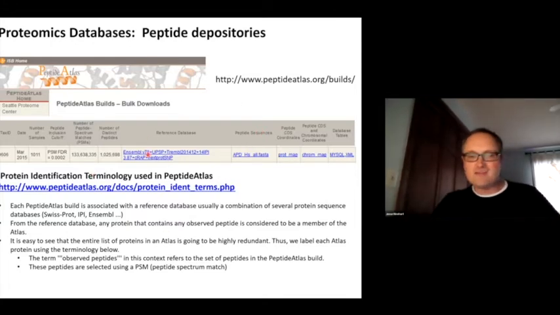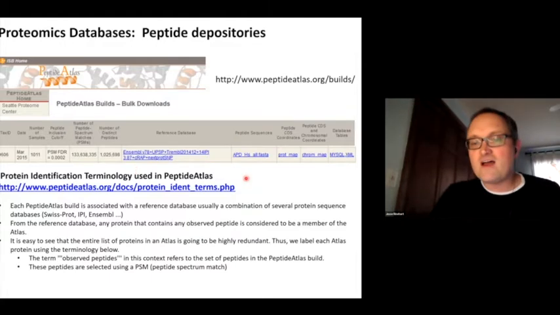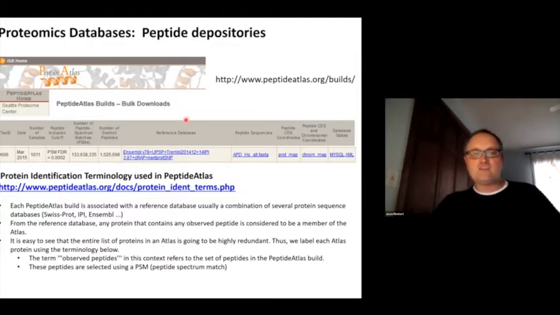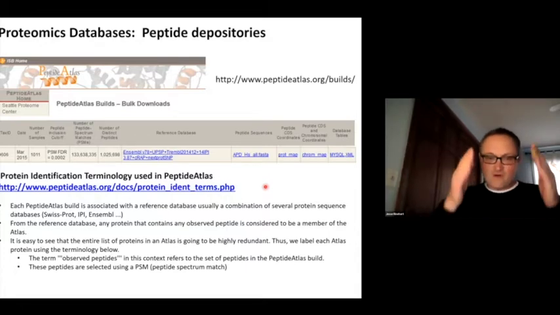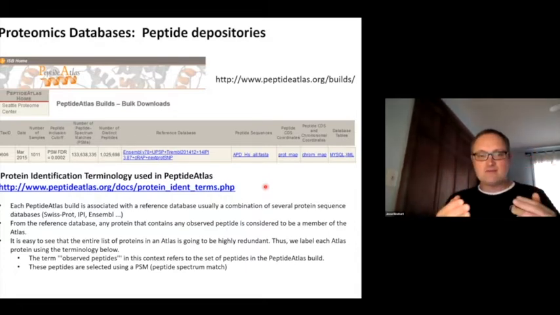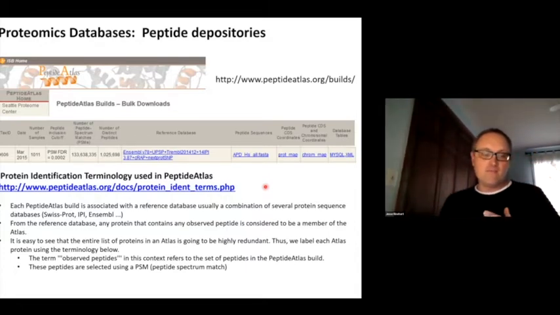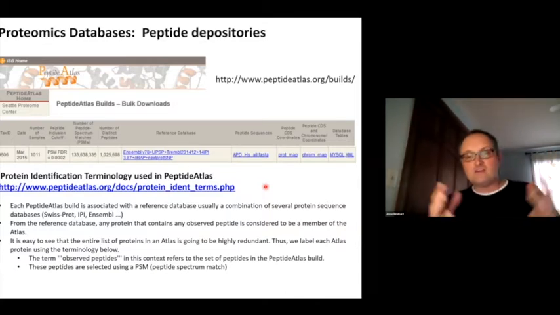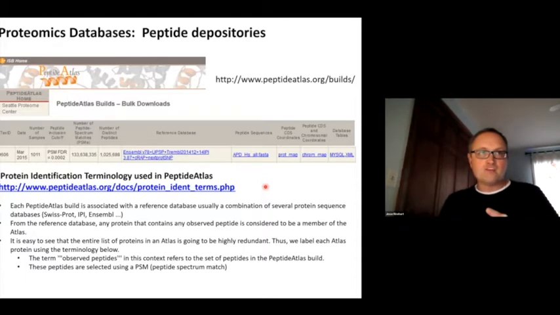And so this is just one example. Again, a lot of words on the slide, a lot of links, but it's just to let you know that there are databases that really focus on just the peptides. And that can be useful because, let's take the human database, for example. I just told you that we don't have peptide-level information for all the proteins in humans, but there's sometimes a lot of redundancy.